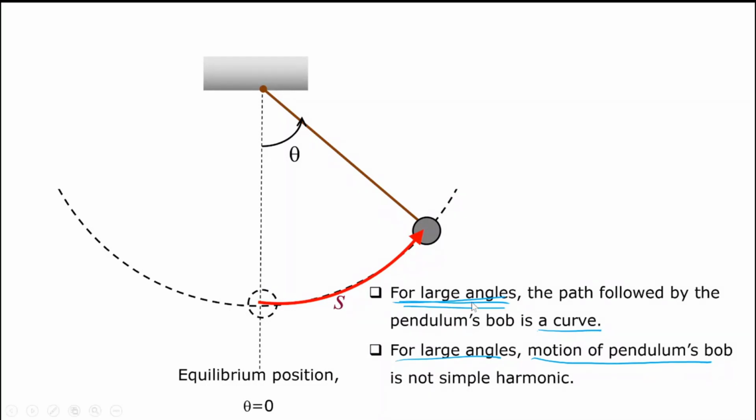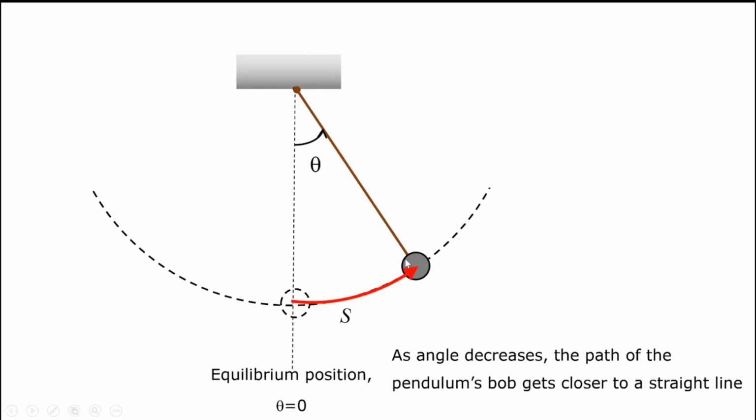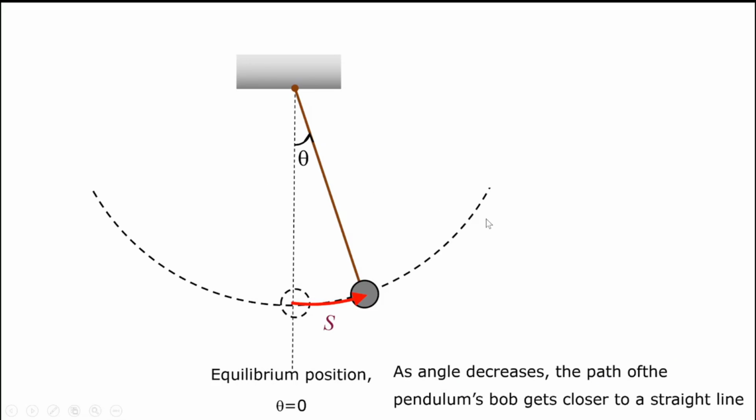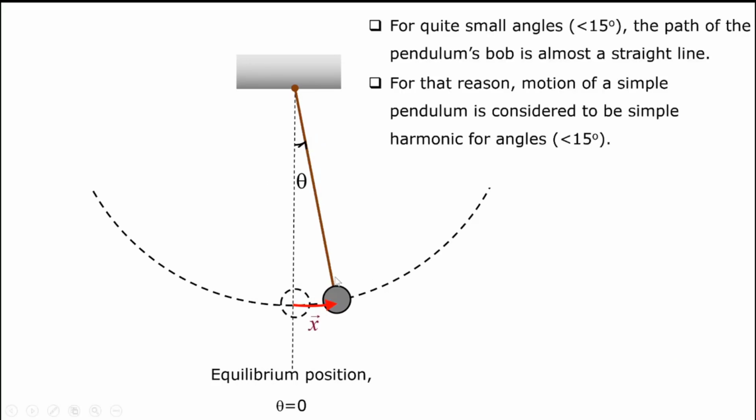But now follow what's happening as the angle decreases. This curve approaches a straight line path as you make this angle smaller and smaller. Now, for quite small angles, your book says less than 15 degrees, the path followed by the pendulum's bob is almost, not perfectly, but almost a straight line.